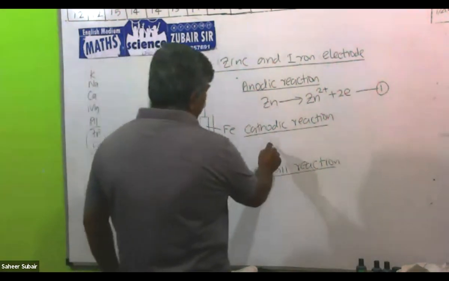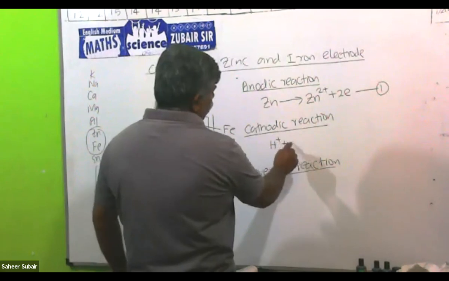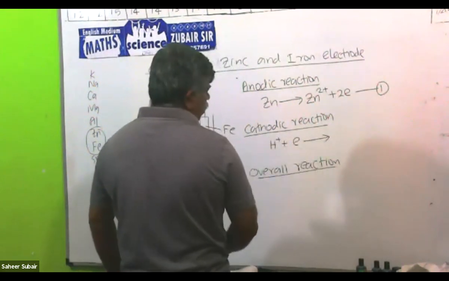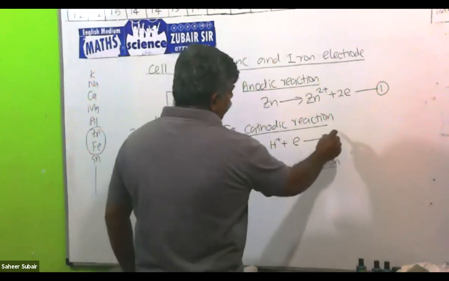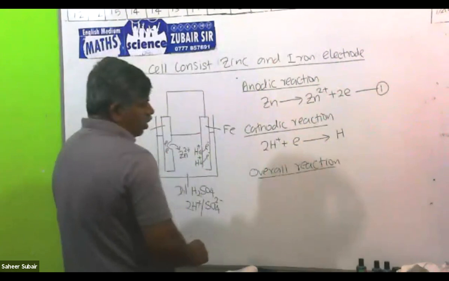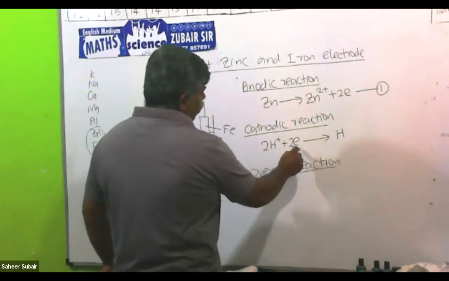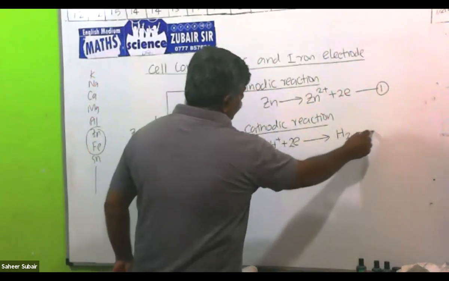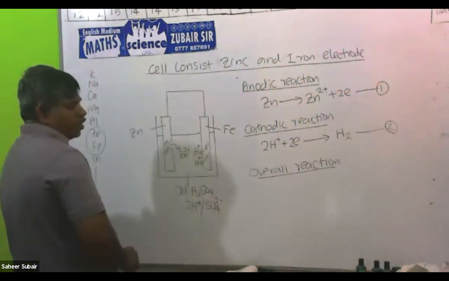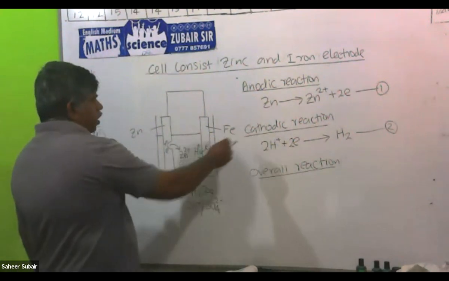Then H+ gets 1 electron from the iron in the cathode and becomes H. Then 2H+ are there, they take 2 electrons and become H2. This is the second reaction. So first half, second half reaction.